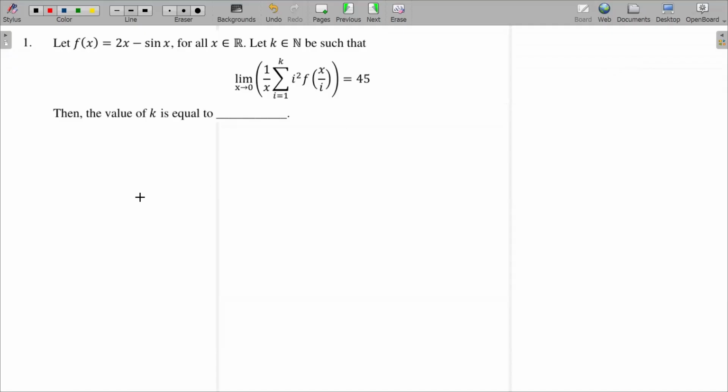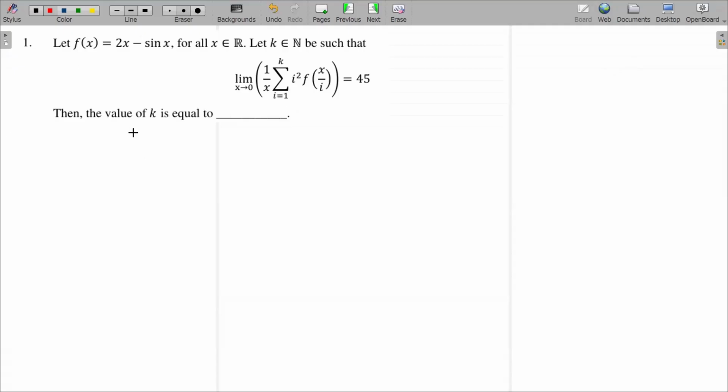Sir, if you substitute f of x and x tending to 0, then 1 by x, and in the upper side there is summation of f of x. Then you substitute 0, then 0 by 0 maybe. Then you differentiate, L'Hopital's rule. Okay, so one approach is that. But then with L'Hopital, you have to look for the derivatives, and it will again be a little lengthy. One option is, yeah, you can of course try.